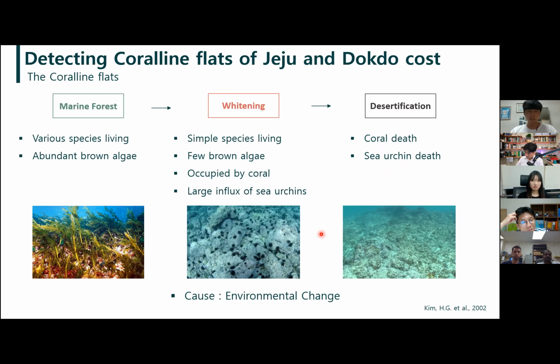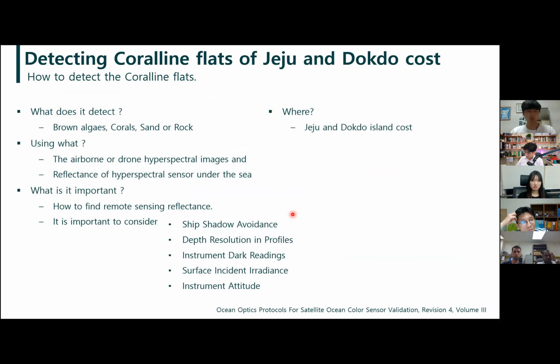Okay, and next is how to detect the coralline flats. I will detect brown algae, corals, and sand or rock using airborne or drone hyperspectral imaging and reflectance of a hyperspectral sensor under the sea.